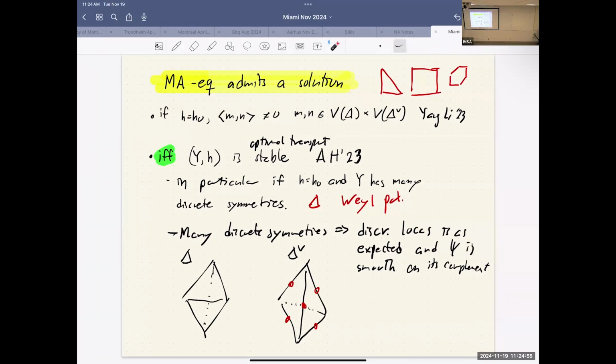So I'm going to talk a little bit more about these solutions. One natural question to ask: here we get an actual Riemannian metric on the base of Monge-Ampère type.